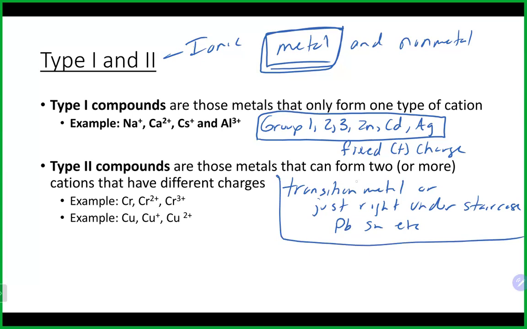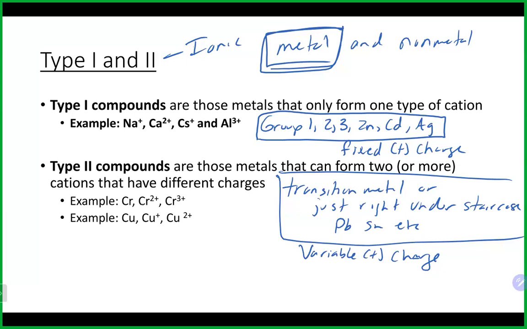What these have in common is that they can have a variable positive charge on the metal. Because of that, you have to do one additional thing when you name a compound that has a type 2 metal that you don't need to do when you name a type 1. That's the major difference.